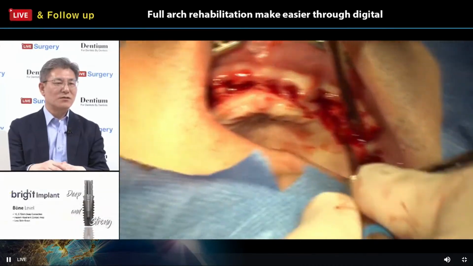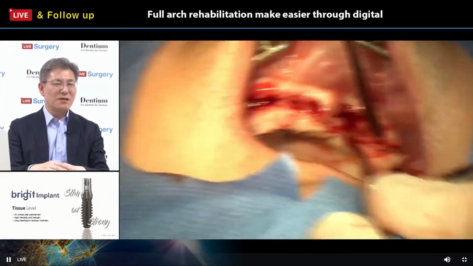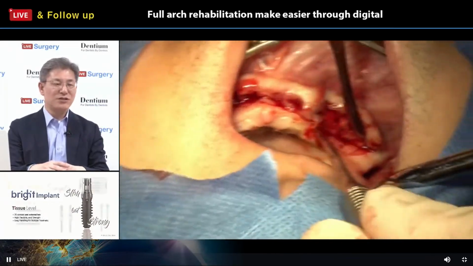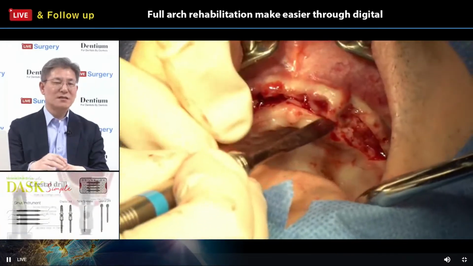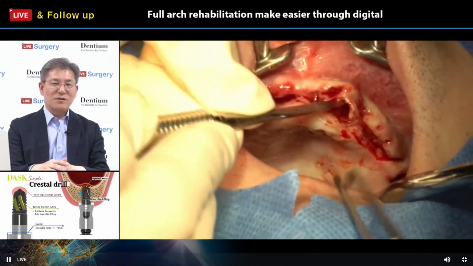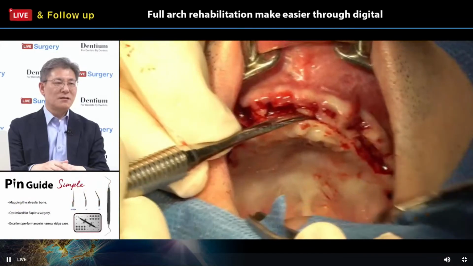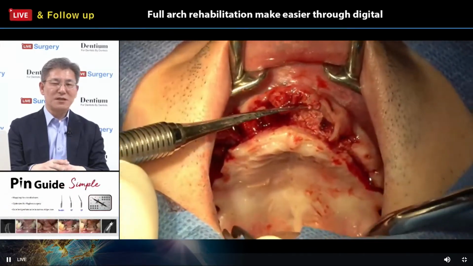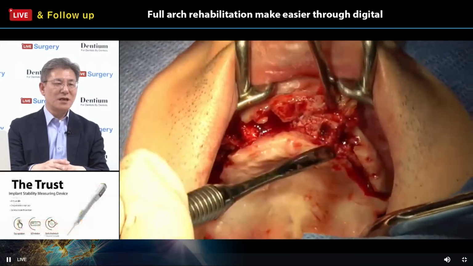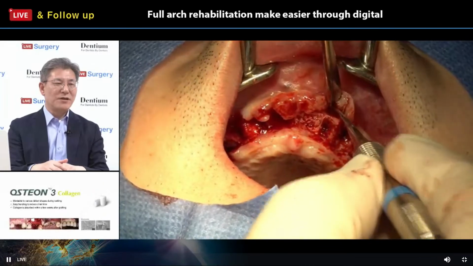Anyway, Dr. Chung wants to make a flap reflection because this patient has a complicated situation, the poor periodontal condition and sinus involvement on the molar side. In the anterior area, as you know from the cone-beam CT view, we already know there is some defect around the socket area.